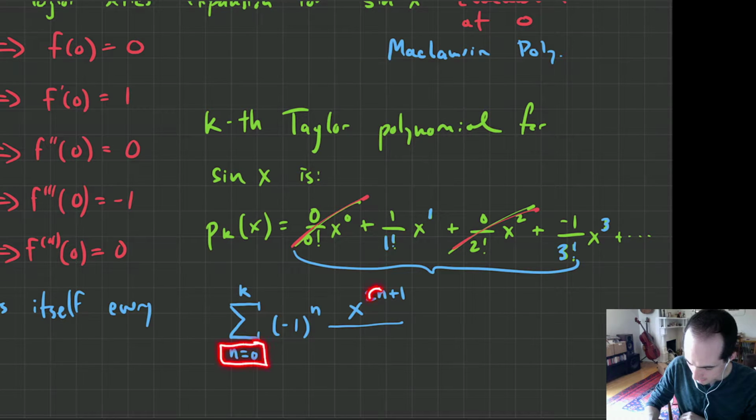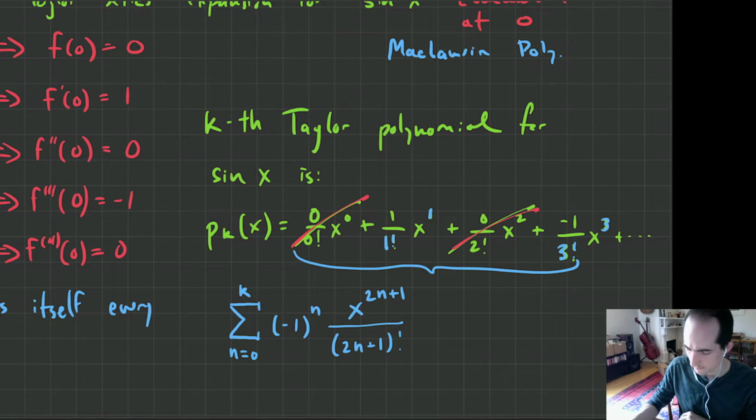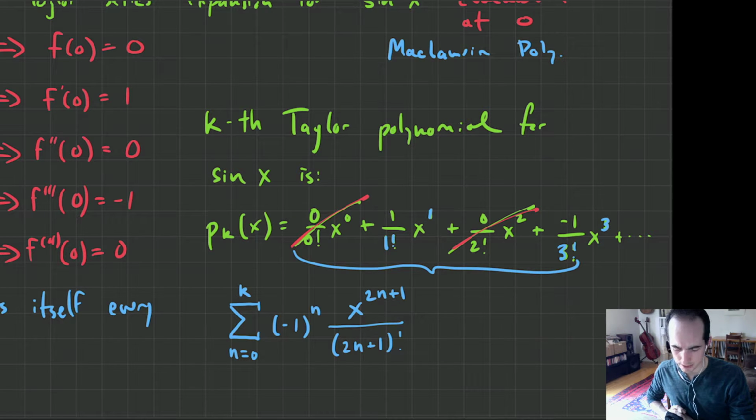So when n is equal to 0, I've got 0 plus 1, which gives me this 1 right here. And in the denominator, I'm going to have pretty much the same thing: (2n plus 1) factorial. In each of these terms, I've got the same thing as my factorial and as my exponent. So I've got 1 factorial and an exponent of 1. Here I've got 3 factorial and an exponent of 3. So there's my power series, my Taylor polynomial for sine of x. And that's the kth one.